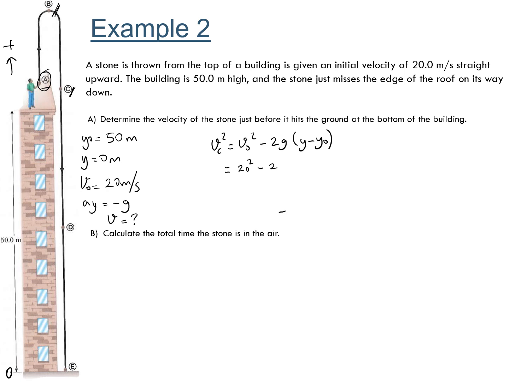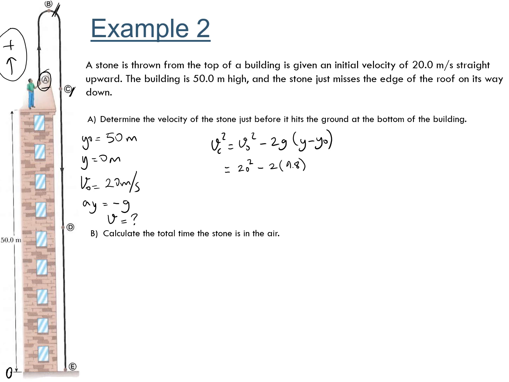minus 2 times 9.8. Now, I hear a lot of students asking me, is g positive or is g negative? Well, g is always 9.8. It doesn't change. What changes is your assumption of what direction you want to call positive. g is always positive 9.8.